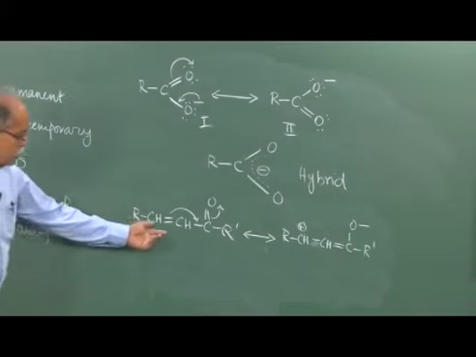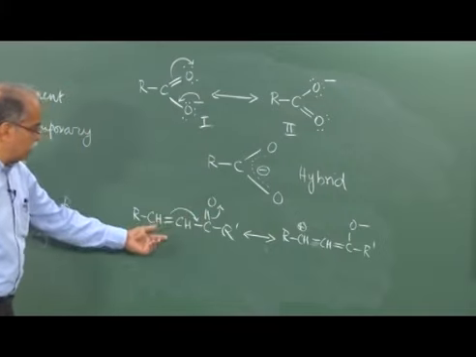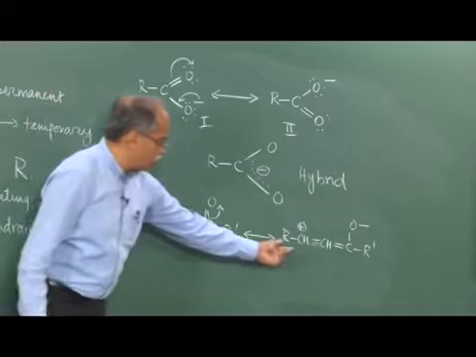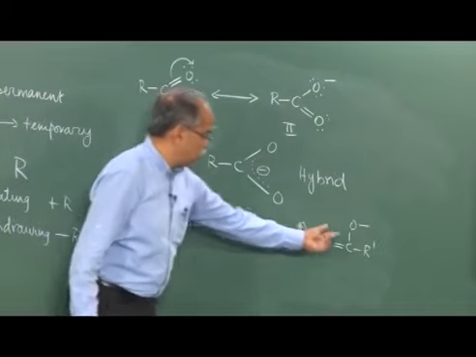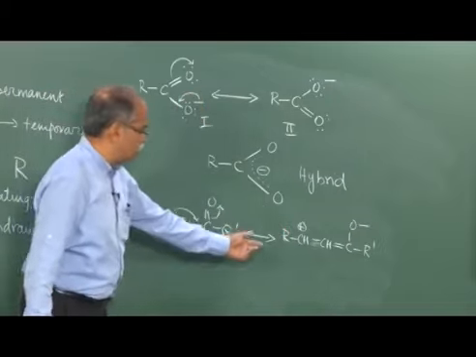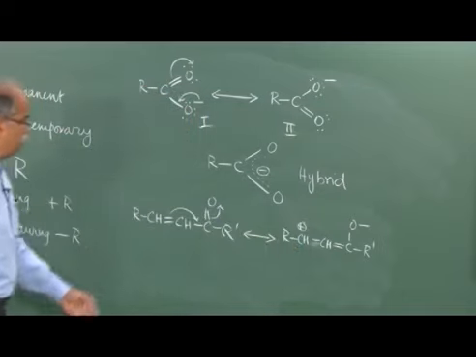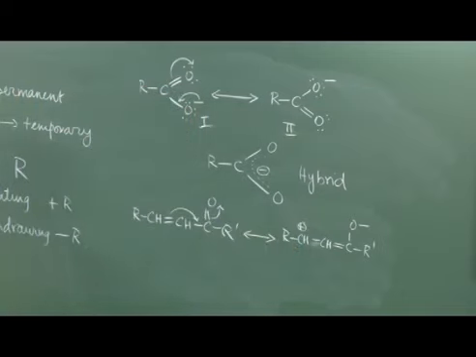Because the electron movement is towards the more electronegative oxygen, this carbon acquires a positive charge and the oxygen acquires a negative charge, for example. So, this would be a resonance structure of the alpha beta unsaturated molecule. So, the concept of resonance is extremely important.